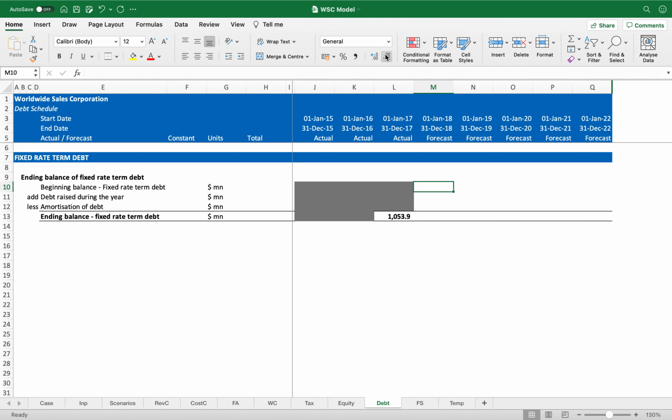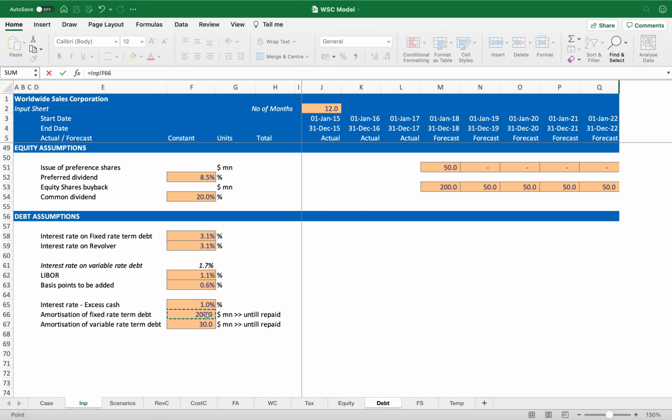Can we find out the opening balance as on January 18? What will be my opening balance as on January 18? Again, this is equal to the closing balance of previous year. So the closing balance of previous year becomes my opening balance this year, right? Do I have anything for debt raised during the year? No. Do I have anything for amortizations? Yes. 200 million every year.